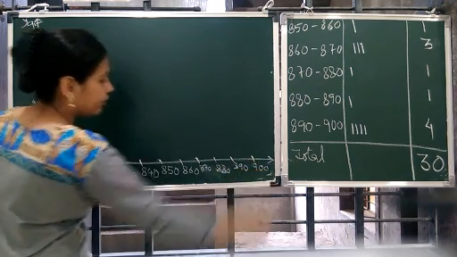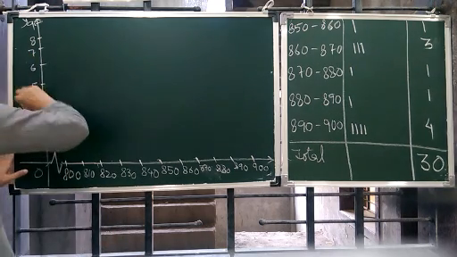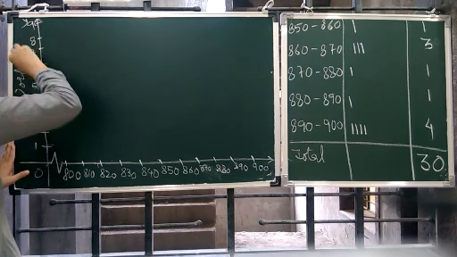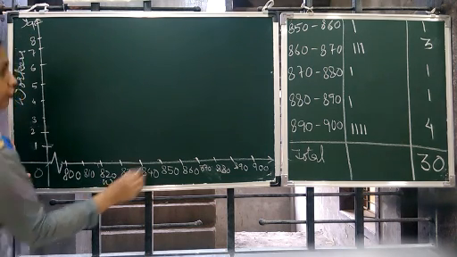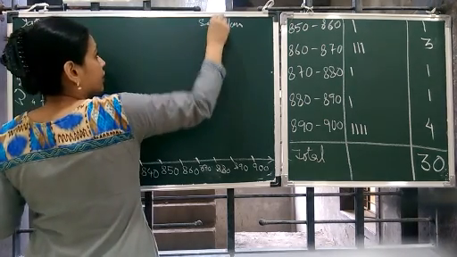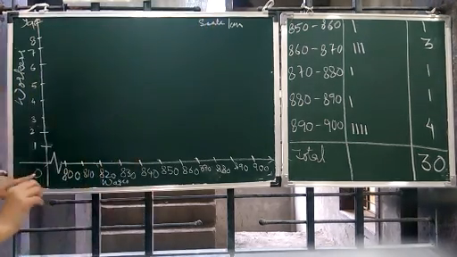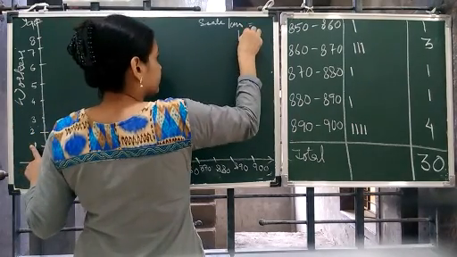You have to go till 900, right? So this is how we start. This is workers and this is wages. And what should be your scale? 1 centimeter is equal to 1 worker, right? Or you can write 1 unit also, no problem.